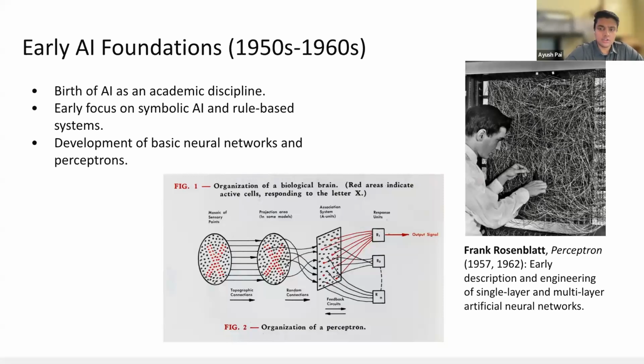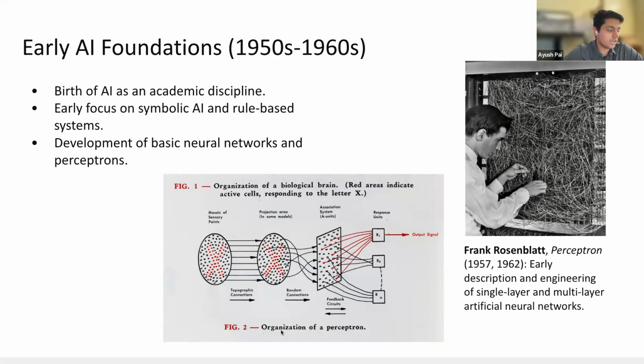And concurrently, we saw the development of basic neural networks and something called a perceptron, which was inspired by biological brains. One of the most notable figures during this time was Frank Rosenblatt, and he created the perceptron, which laid the groundwork for future explorations into both single-layer and multi-layer neural networks that we'll discuss more in depth shortly. But you can see this diagram here.